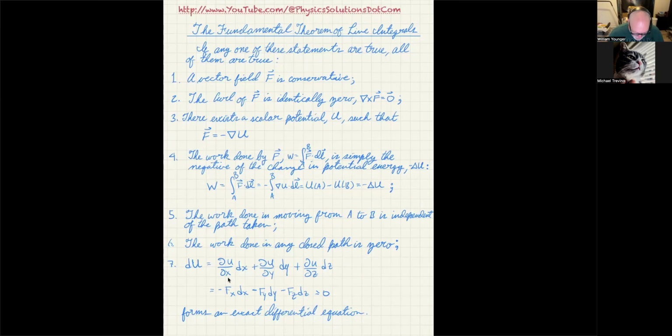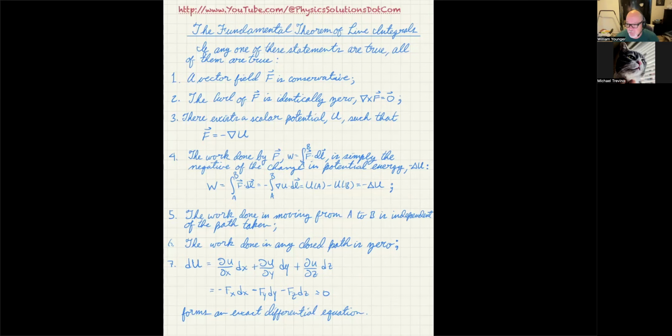So, anyways, the fundamental theorem of line integrals is basically this theorem, if you will, that if one part is true, then all parts are true. And because of its ramifications, we have a very specific prescription about how we could go about taking a force field if it meets certain criteria, specifically the criteria that we use to define a conservative field.